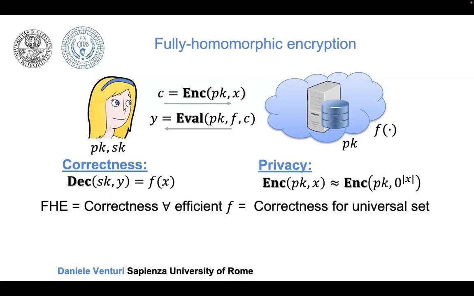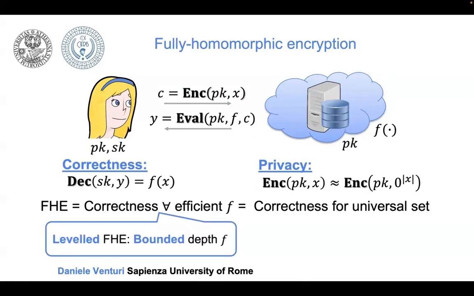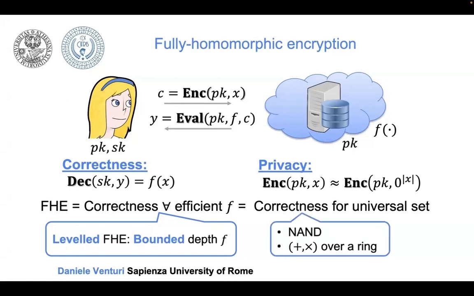For instance, if you want to do Boolean operations, we know that NAND is a complete set of operations. Or if you have a ring with two operations, then a complete set of operations is addition and multiplication over a ring. Of course, maybe we would like to be a little bit less ambitious, and instead of working for every possible function, we could put a bound on the depth of the function.